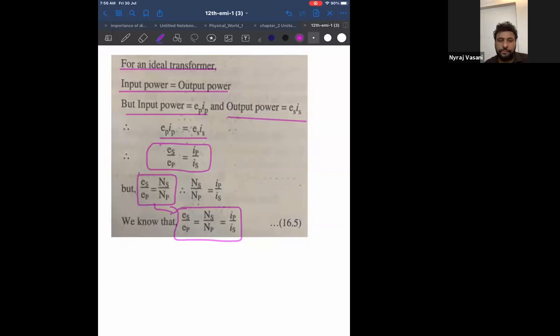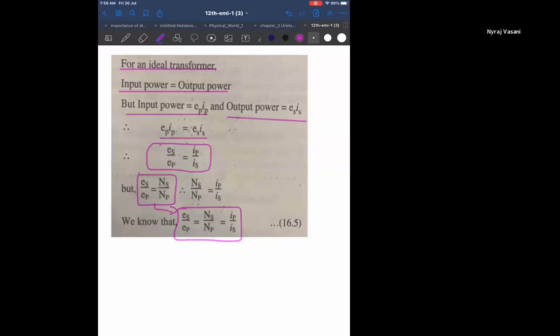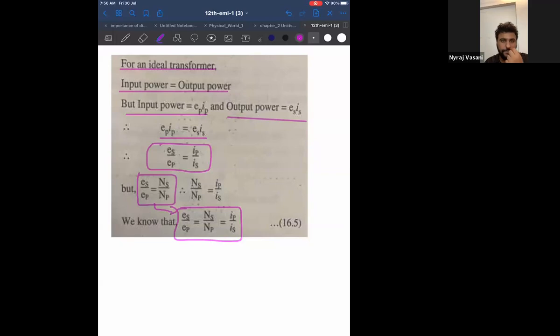Now, right under that, types of transformers.